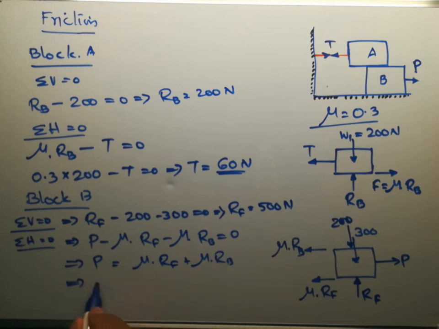When you substitute the values, we will get P is equal to 0.3 into 500 plus 0.3 into 200, which will give you P equal to 210. So that will be the value of P.